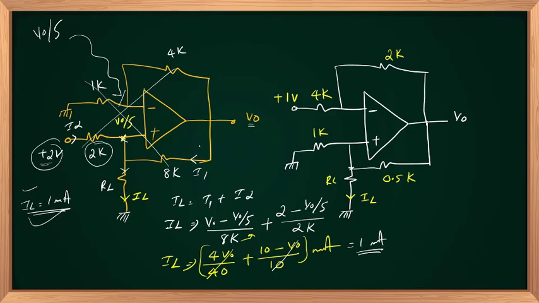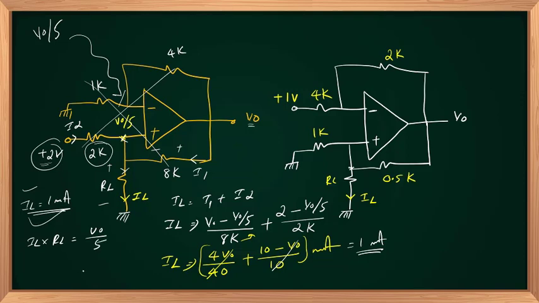Similarly, the output can also be obtained by adding these two drops, or by equating IL with V out by 5. IL was 1 milliampere. If RL is in kilo ohms, 1 milliampere into RL, that is IL RL, will be equal to V out upon 5.